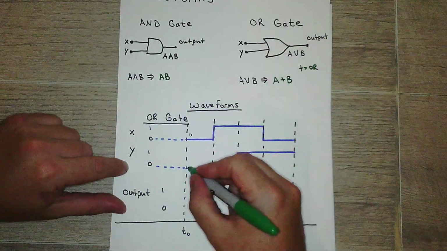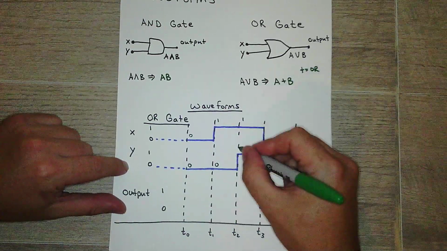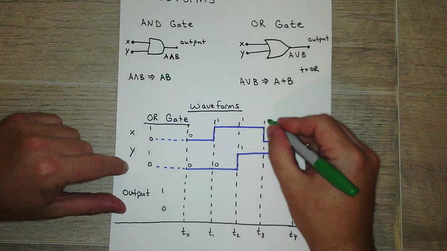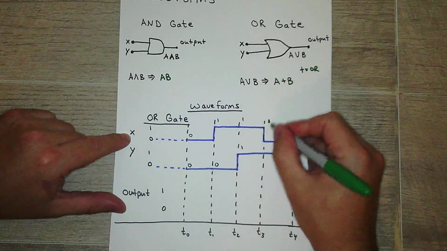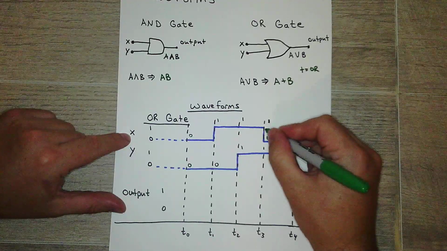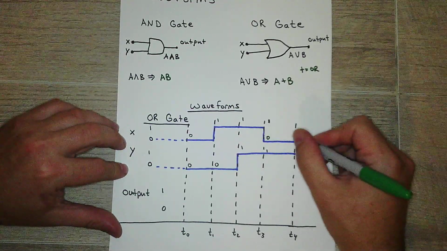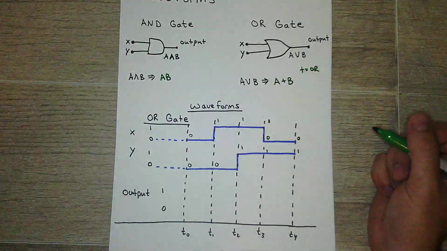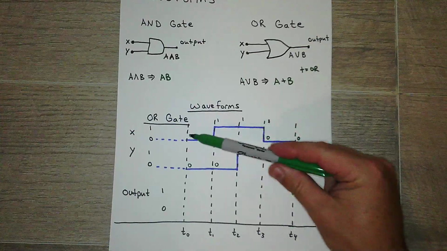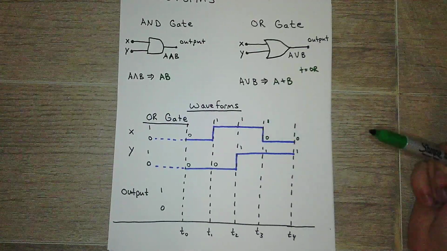Just like your truth table: 0, 0, 1, 0, 1, 1. Here X is still 1, but it goes to off, sorry. So now it's 0. Y is still 1. And at time 4, X is 0 and Y is still 1. So if you were making a truth table, you'd have 0, 0, 1, 0, 1, 1, 0, 1, 0, 1.